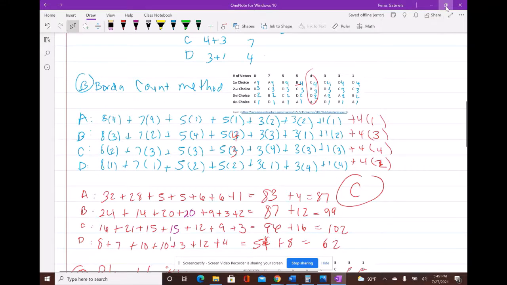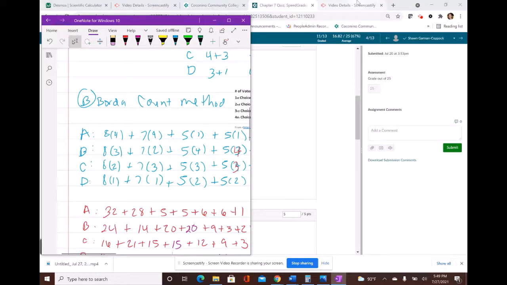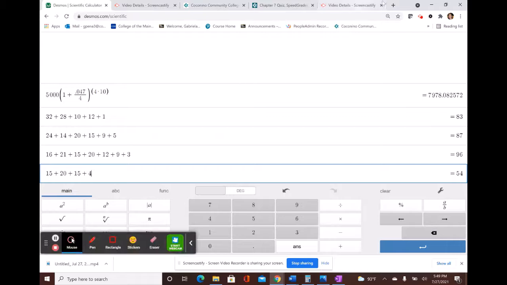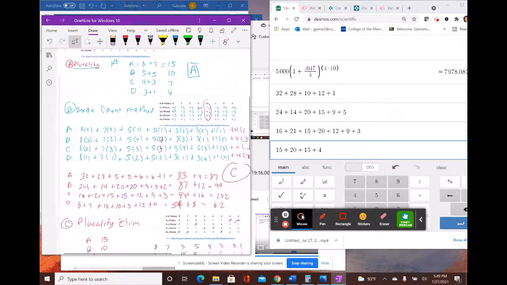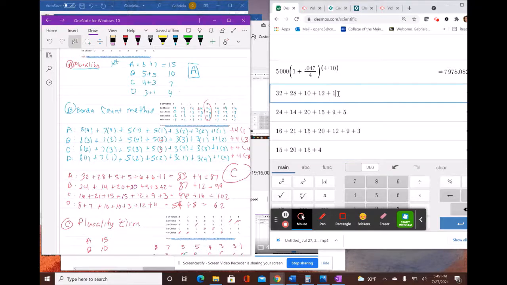So I am going to minimize this one more time, go to Desmos, minimize. The numbers should kind of be there, just double check and add the new one and just check the addition. 32, 28, 5, 5, that was a 10. And then we add the 4 for that one.